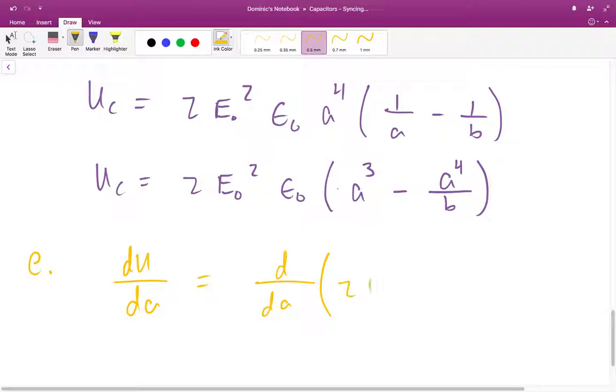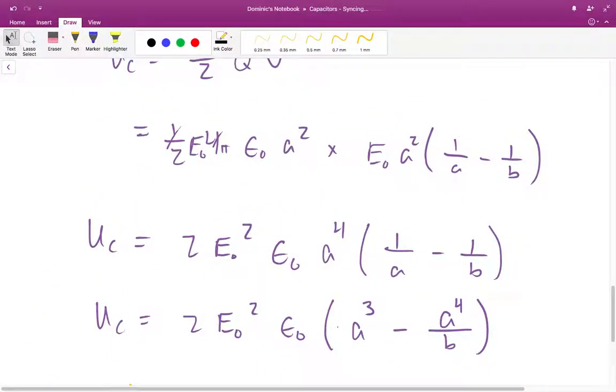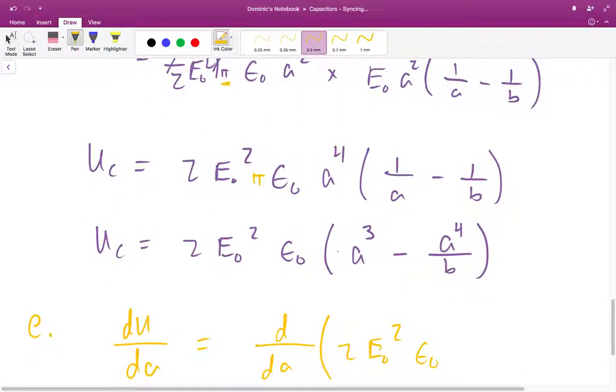So we have 2 e naught squared epsilon naught. I feel like I forgot a variable somewhere. Sorry about this, but we have a pi here that I left out. That's not going to matter for this next answer, but our answer is technically 2 e naught squared pi epsilon naught.